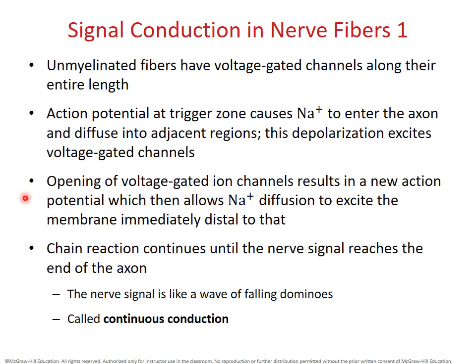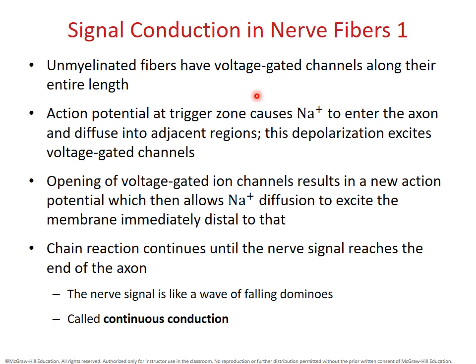Now, the question is, why doesn't the sodium that diffuses in from the first action potential, and diffuses back toward the cell body, cause action potentials to propagate in the opposite direction, back towards the cell body and the dendrites? Well, you may know the answer already. The simple answer is that the cell body and the dendrites do not have voltage-gated channels.